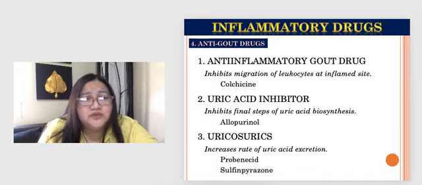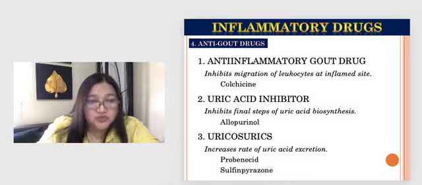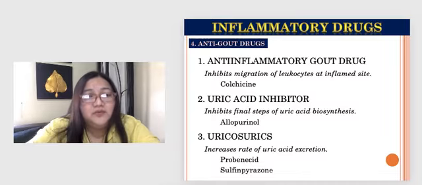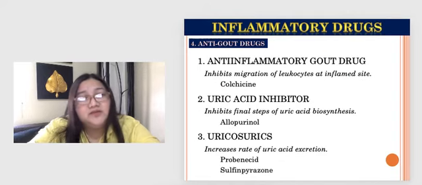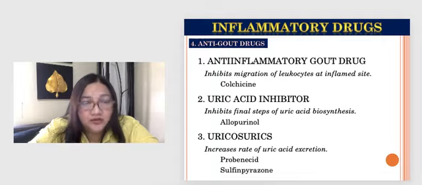Third are uricosurics, such as probenecid and sulfenpyrazone. They increase uric acid excretion. Okay? Probenecid or both of these drugs, they both inhibit reabsorption of uric acid. Kaya mas effective siya sa pag-alleviate ng chronic gout.